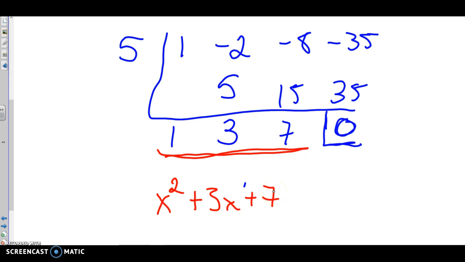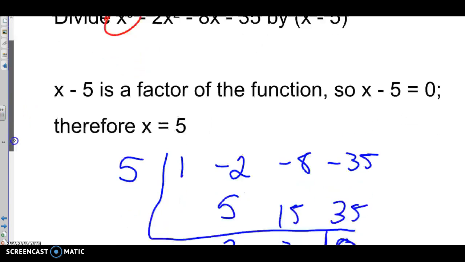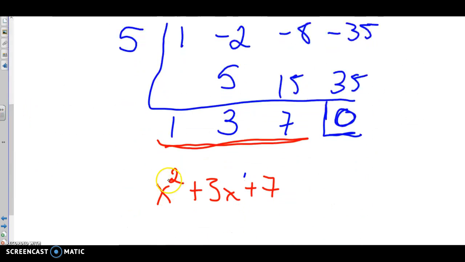So that's how I divide and get my quotient. The 1, 3, and 7 become the coefficients, and my variables just drop 1 degree. So I started out with x cubed, so now I'm going to start out with x squared and go down by exponents by 1 to get my coefficient.